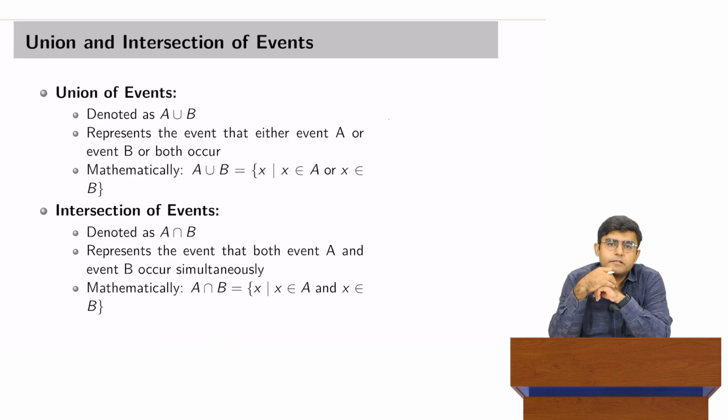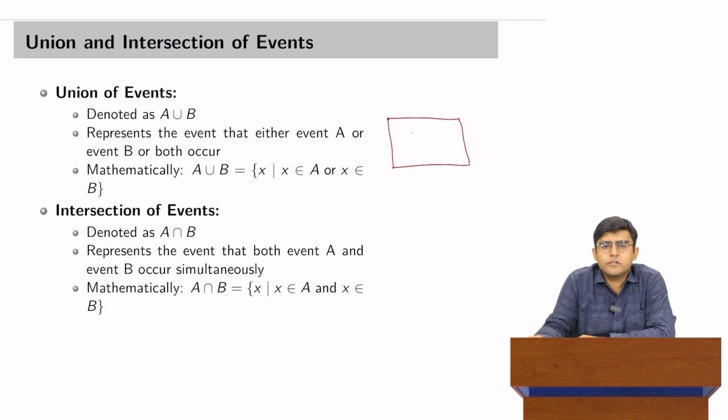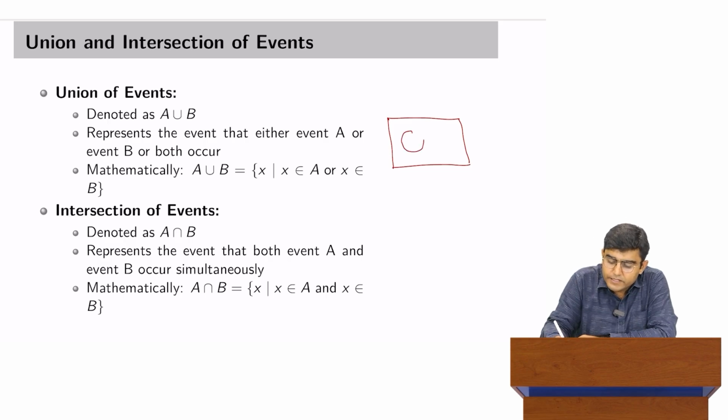Now, these events may further have certain unions or intersections. So, in case of a coin toss, there was no intersection of these particular events, so we can draw two different Venn diagrams. However, these two events can also have intersection in a different context.